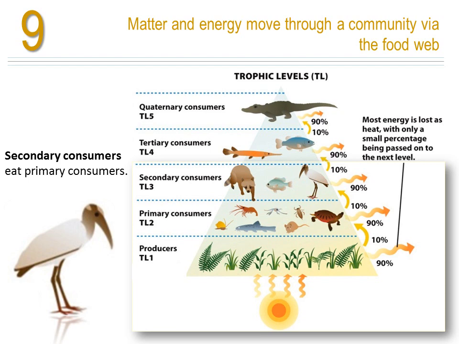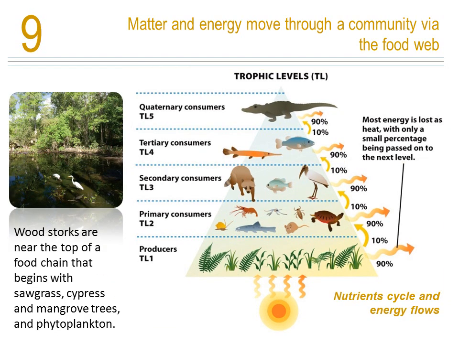The secondary consumers eat primary. If the storks, as you can see here, are grazing in the water in the Everglades marsh, they're eating all this green stuff here and some of the phytoplankton. So we're going to take a little bit of this away because the stork is eating it.